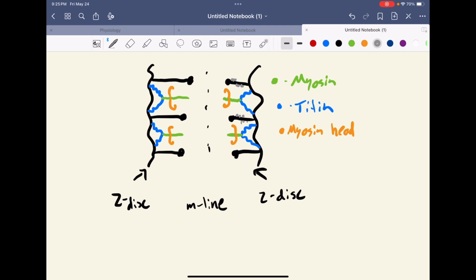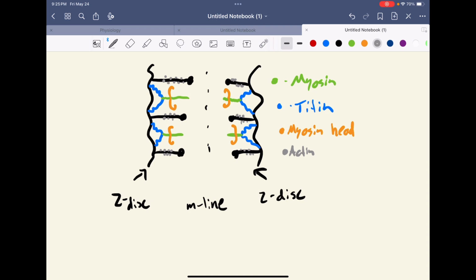So the black is what we call the nebulin, and then wrapped around the nebulin is called the actin, and that surrounds all of these. So the gray is the actin, and that actin surrounds all of the nebulin.